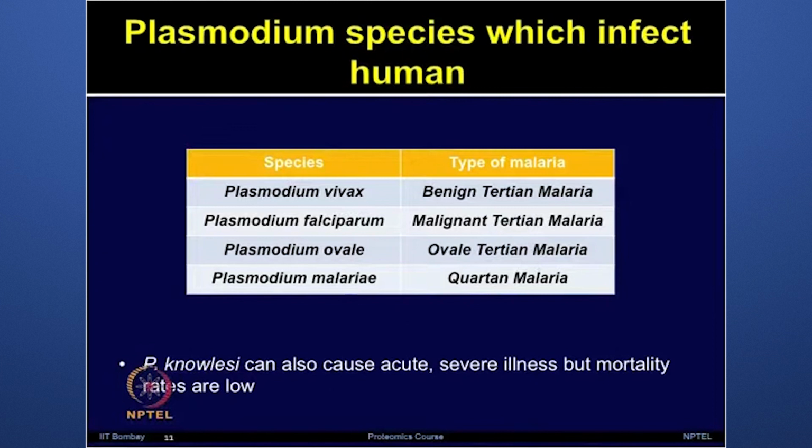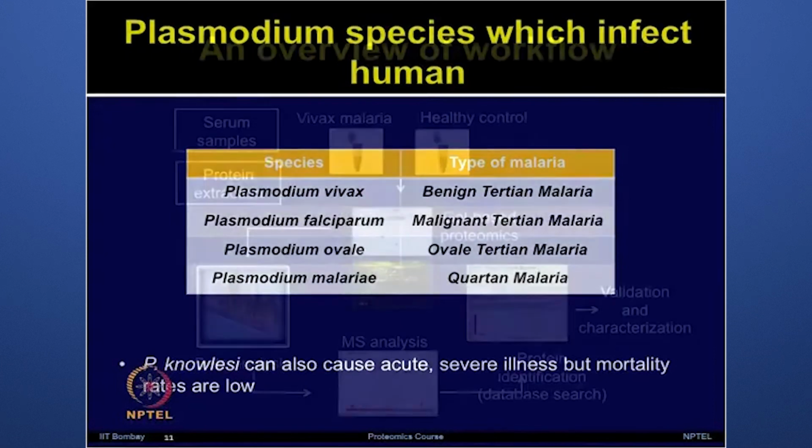So, there are different pathogens of malaria, but Plasmodium falciparum and vivax are the prime targets for investigation because, as we discussed earlier, more than 95% of malarial cases worldwide are due to these two species.